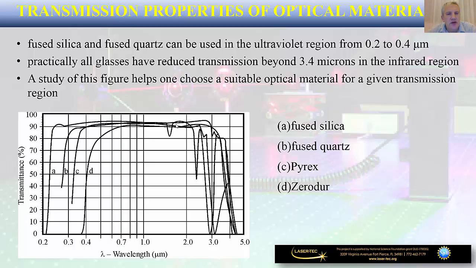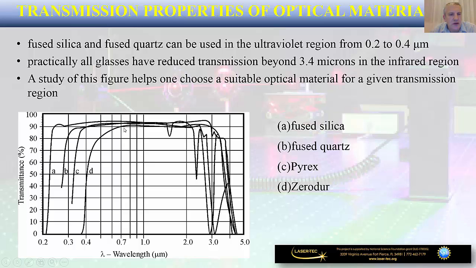So, for example, let's focus on curve D, which represents the material called Zerodur. You can see that Zerodur has a relatively high transmittance in the range of, let's say, 0.7 microns all the way to, let's say, 3 microns. So 0.7 microns is about 700 nanometers and above, and at 700 nanometers and above we are talking about the infrared region.